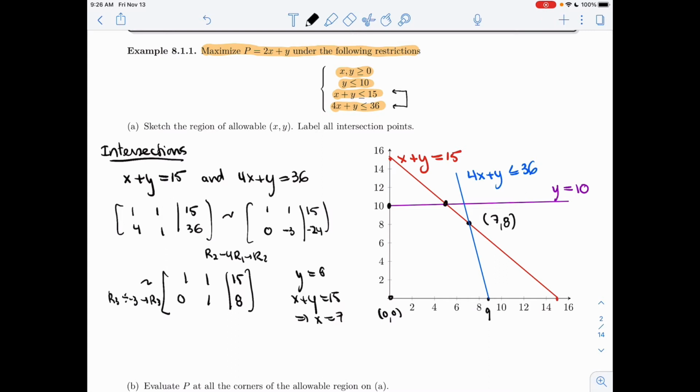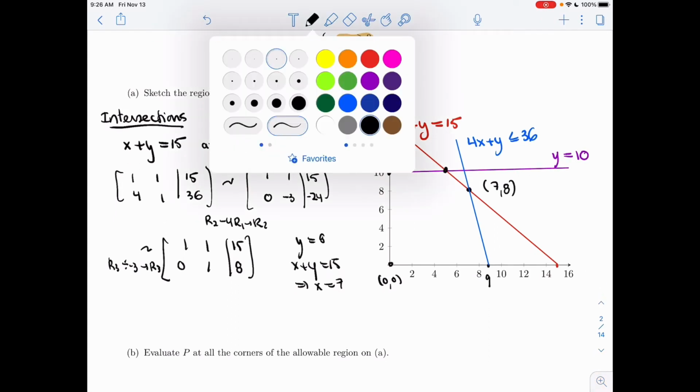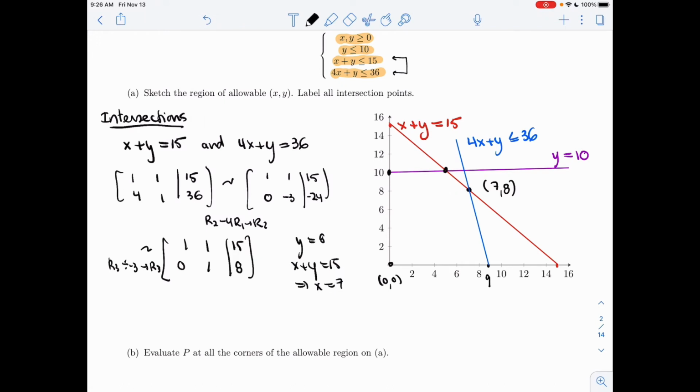I need to find this one, so red and purple. So this is the first intersection. The second one is when y equals 10 and x plus y is 15. If I plug 10 in, I'm going to get that x plus 10 is 15, so x is 5. So this point is 5, 10.